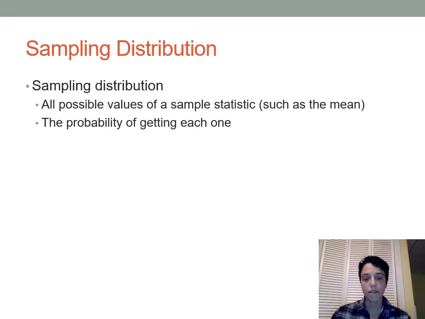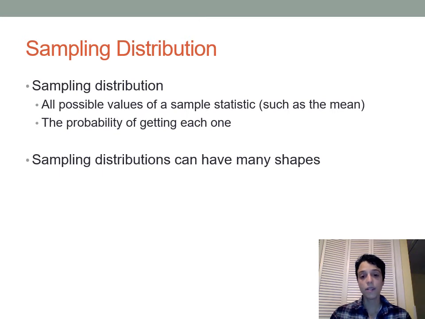So as we just saw, if you take a sample, you can get a different value for some statistic between different times you take the sample. So the mean number of letters, you can get a whole bunch of different means. So our sampling distribution is going to list out all possible values of that sample statistic you're interested in, but then we'll also see the probability of getting each one.